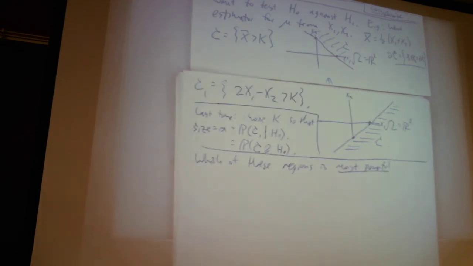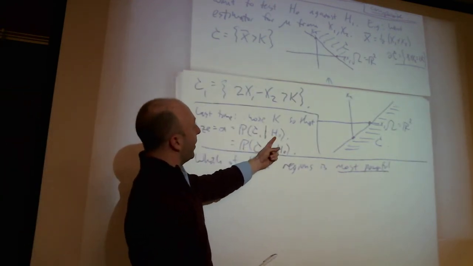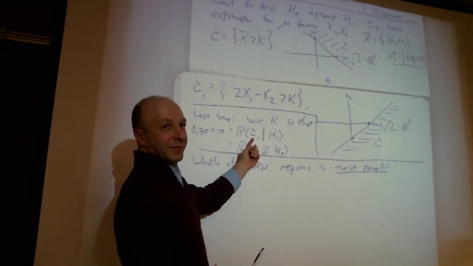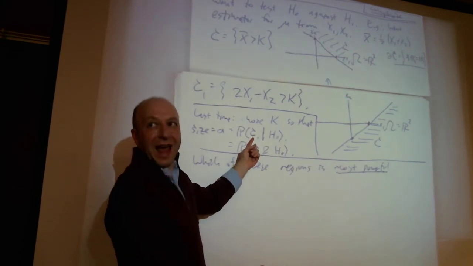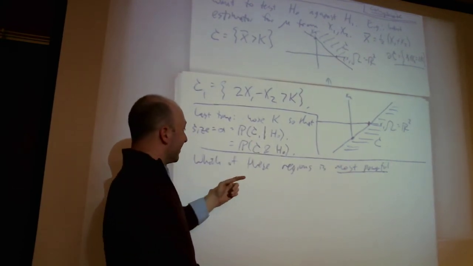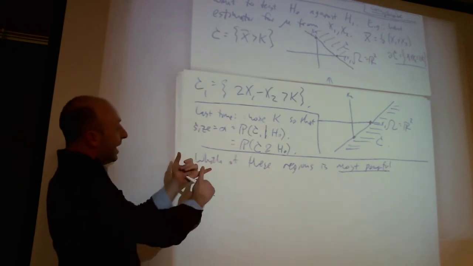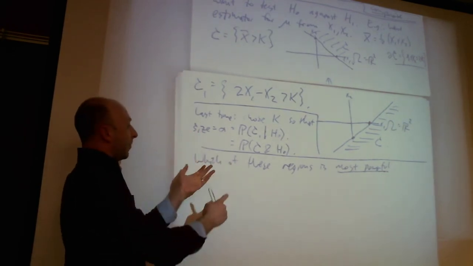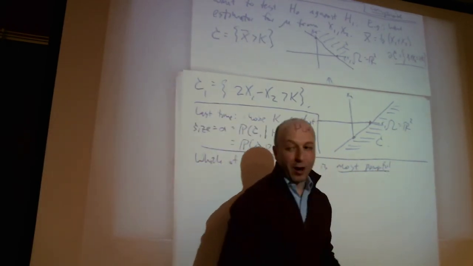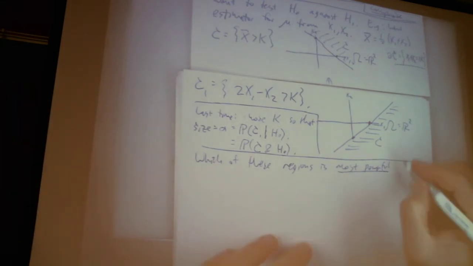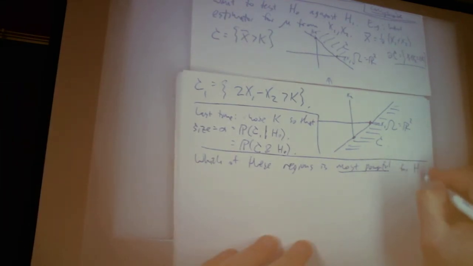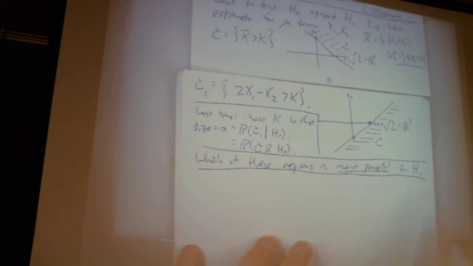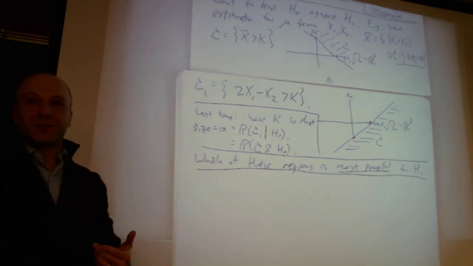Now notice, at the moment we are discussing nothing but H0 and the critical region. H1 hasn't come in at all yet. But if we want to evaluate the statistical test, we want to know its size and we want to know its power. So which of these regions is most powerful for testing H1? In other words, has the lowest probability of making a type 2 error.